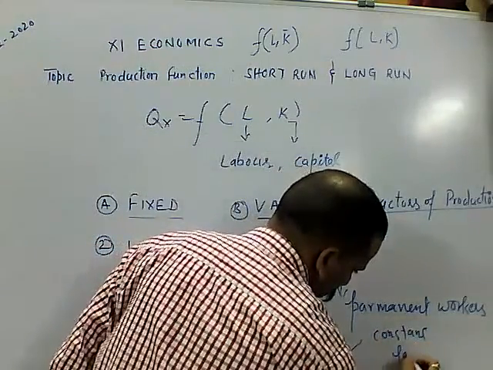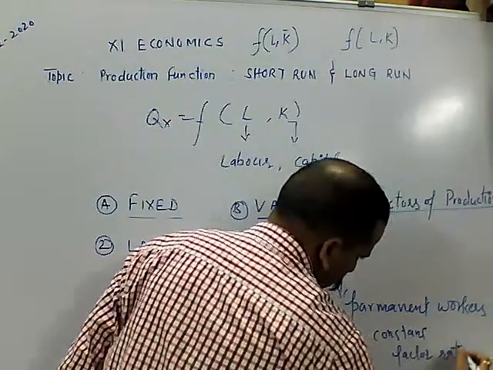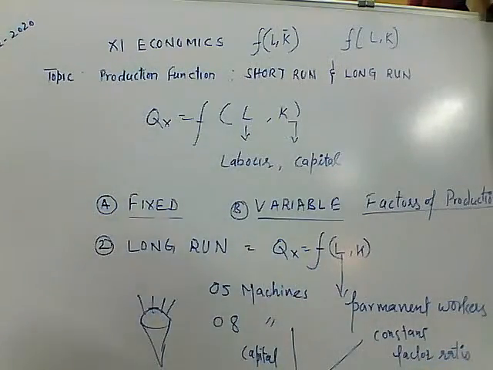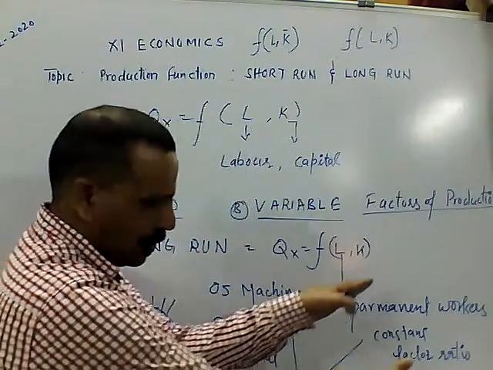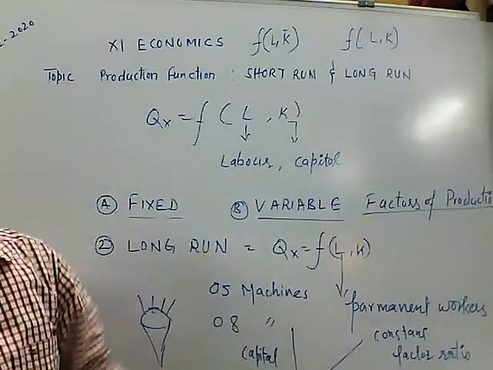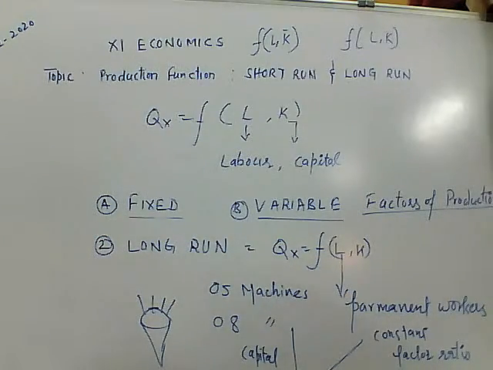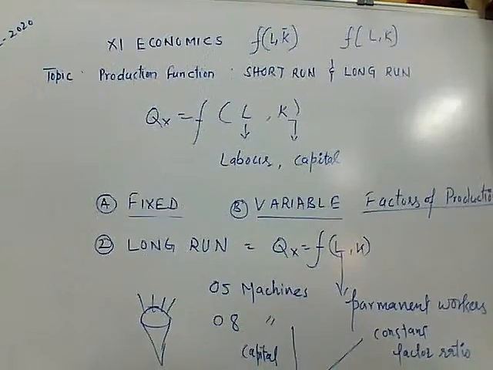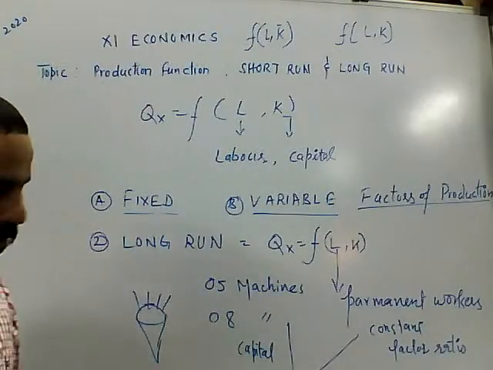Okay, so it is up to you. If you want to increase both the factors of production, you can increase. If you want to decrease, you can also decrease. Increase or decrease is possible in the long run.